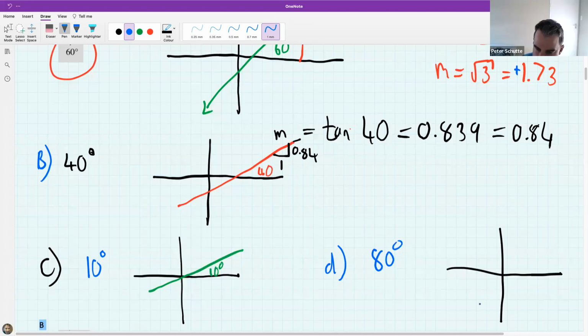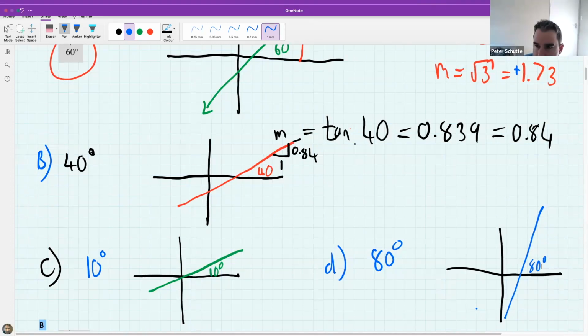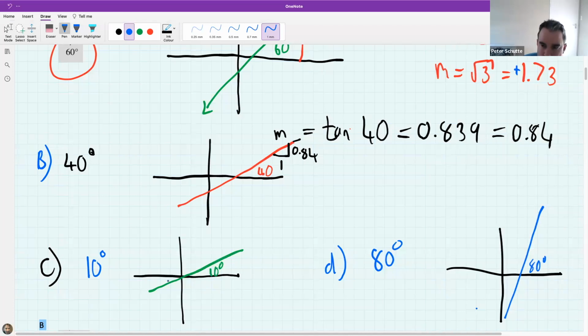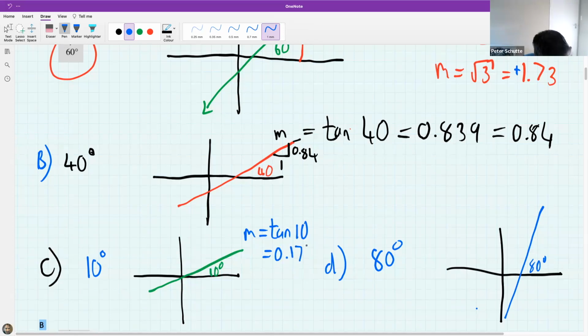You can pop your answers in the chat. So that is 0.18 when I round off. And then what is it going to be on this side?